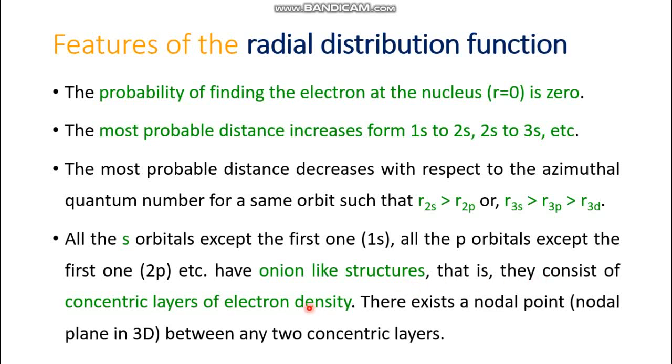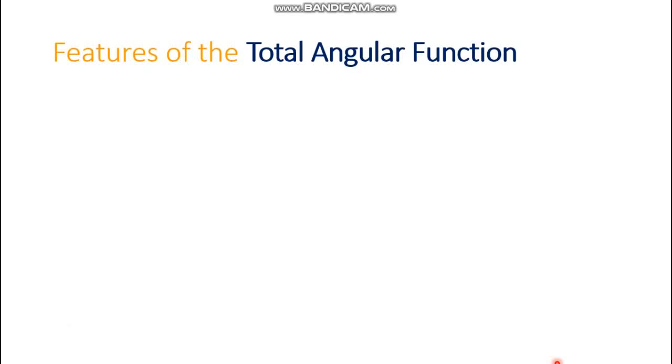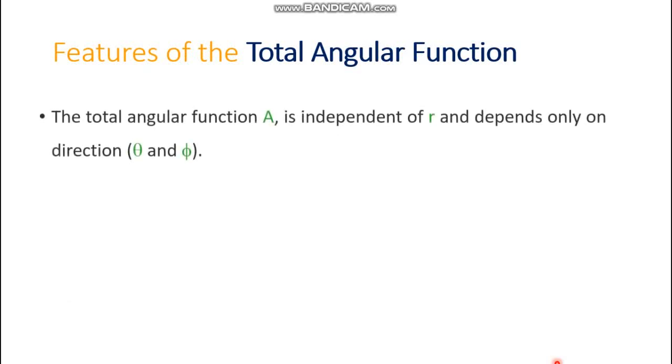Okay, so they consist of concentric layers of electron density. There exists a nodal point or a nodal plane in the 3-dimensional concept between any two concentric layers.